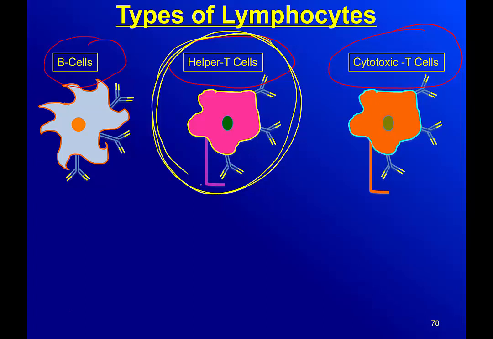Regardless of how the immune system is responding, this is the guy that has to start everything. Without my helper T cell, nothing else works. Now let me explain why that is so important. HIV, human immunodeficiency virus.